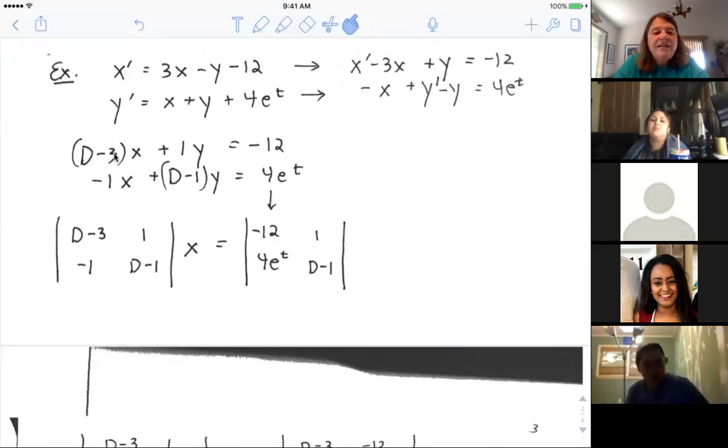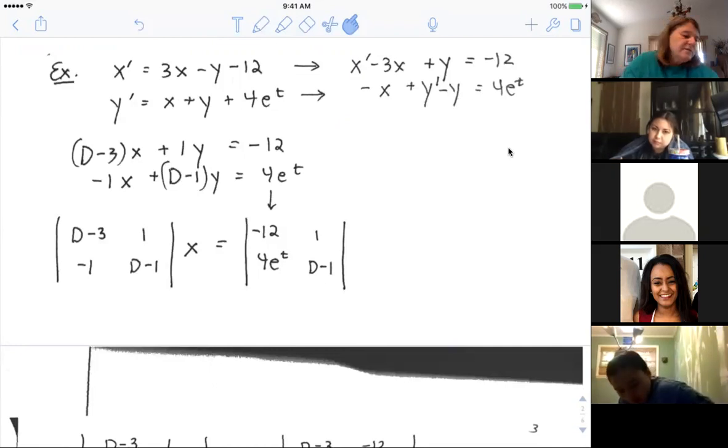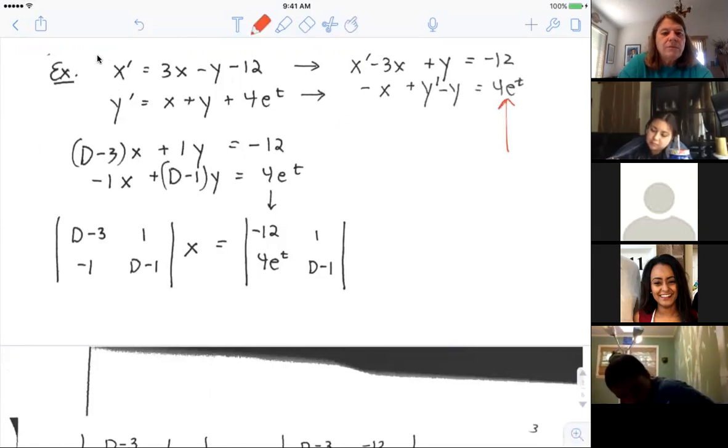So here's what I mean. Suppose we had this linear system of differential equations here. If I rewrite it, now remember I have to bring all the x's over to one side and the y's, and leave all of these functions over on the right.